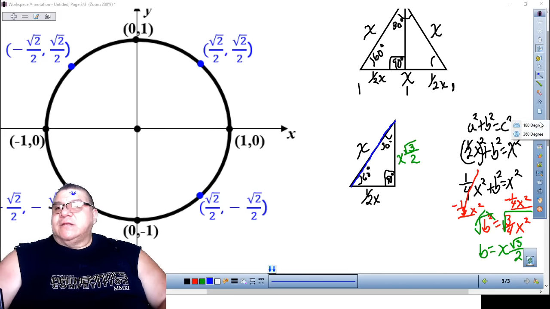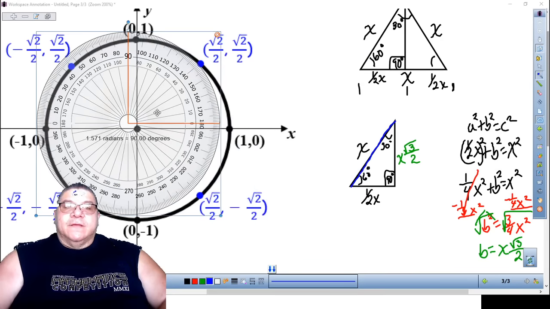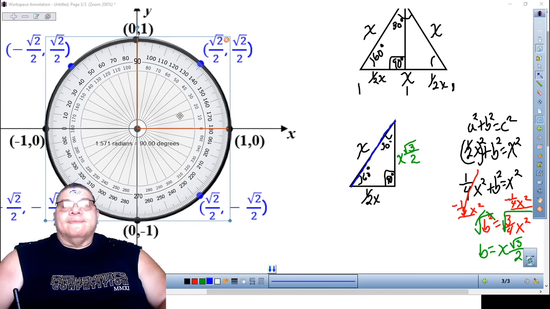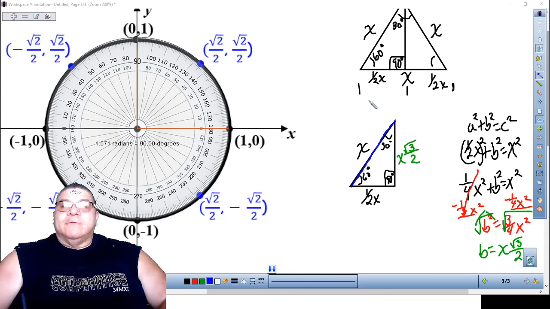So let me get my protractor in here. And if I was to draw a 60-degree angle, 60 degrees is about right there.